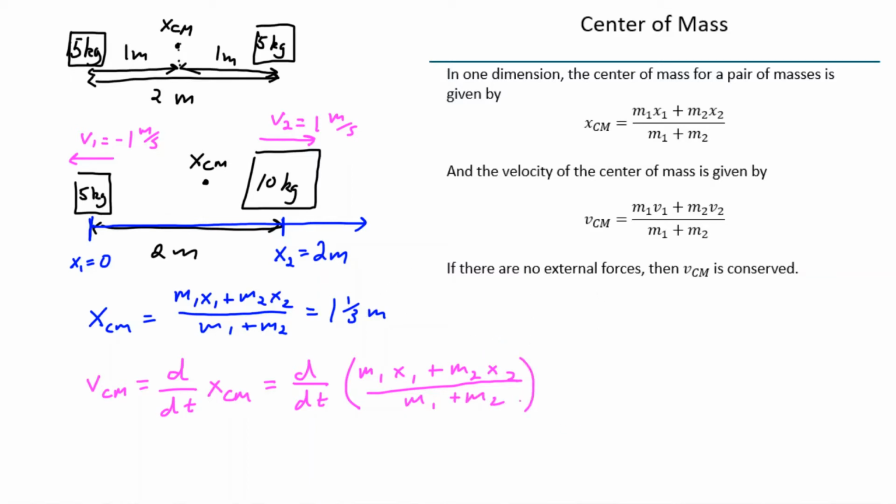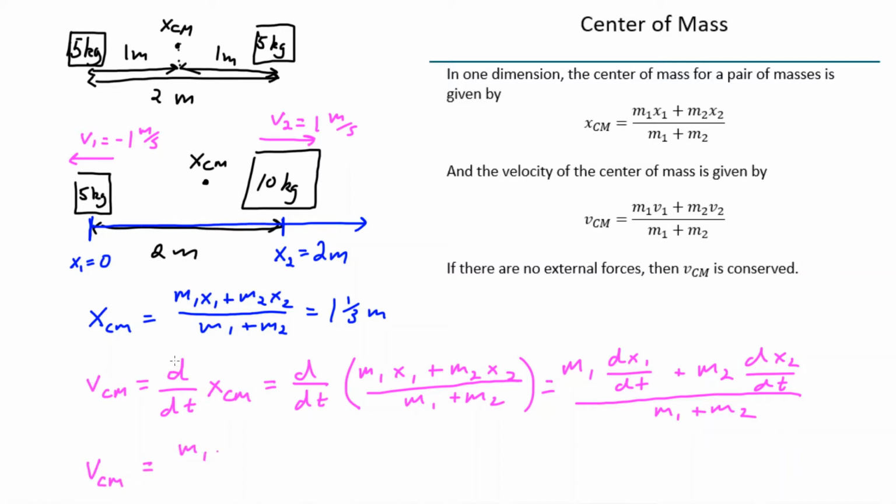My masses are all constants here, so this derivative just ignores those constant masses, and it looks like this: m1 dx1/dt plus m2 dx2/dt, all of this over m1 plus m2. Well, dx1/dt and dx2/dt, those are just v1 and v2. So this v center of mass is going to equal m1 v1 plus m2 v2 over m1 plus m2.